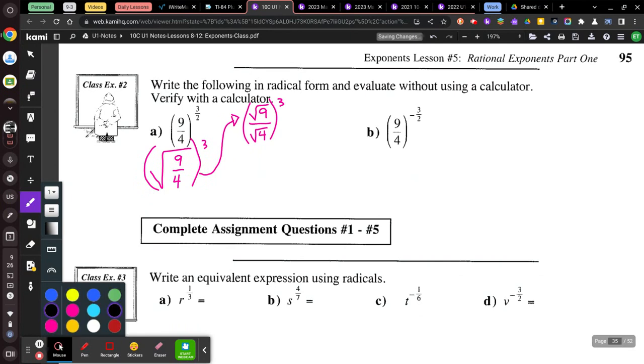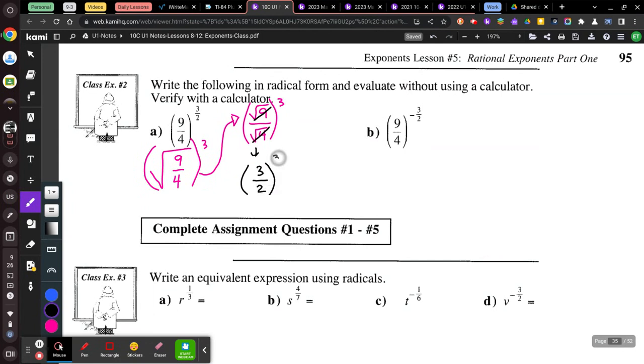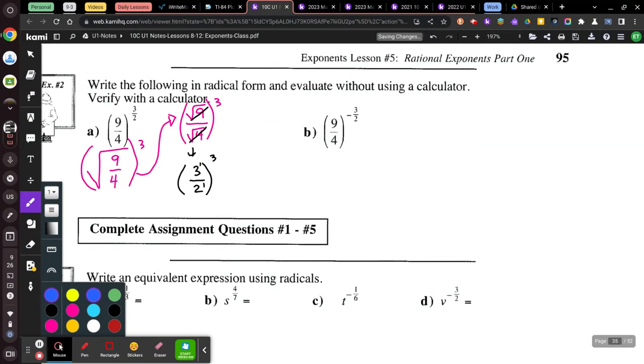So now we're going to solve them each. And that's going to become bracket 3 over 2 bracket cubed. Now we're going to solve the cube. So each of them has a hidden 1 on them. Exponent laws say that 3 multiplies in to remove the bracket.